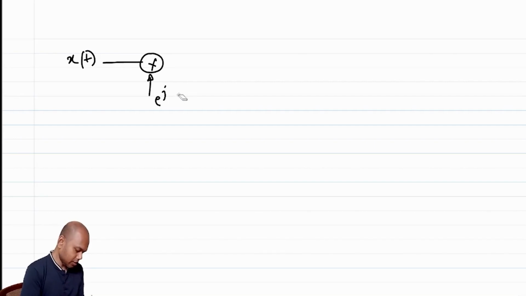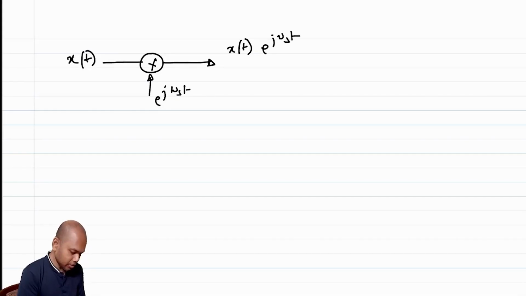If the input is not e power j omega naught t, and the input has a spectrum, right? So if the input is a generic x of t, and you multiply it with e to the power j omega s t, right? So what will be the output? The output in time domain is simple. It's x of t multiplied by e to the power j omega s t, right? But what will be the spectrum?